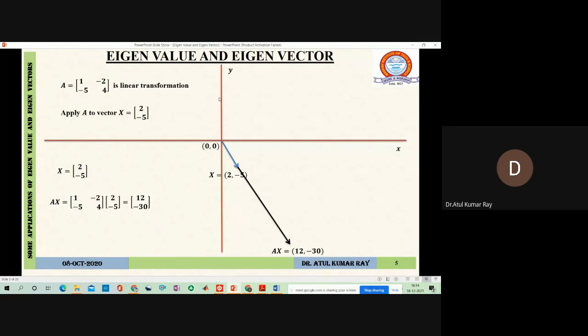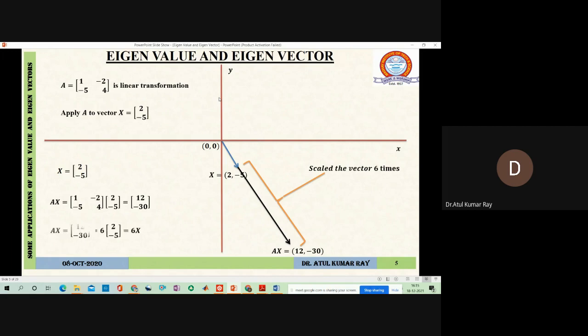And now after applying the transformation, it shifted to 12, minus 30. What I can see here is that 2, minus 5 is scaled. If you notice, it is scaled 6 times, isn't it? 2, minus 5 is scaled 6 times to reach 12, minus 30.